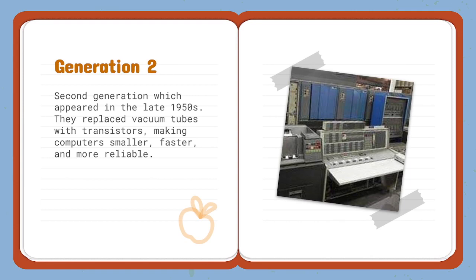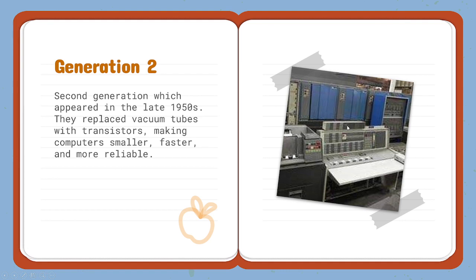The second generation appeared in the late 1950s, around 1959, I don't know, late 1950s. They replaced vacuum tubes with transistors, which is a step further because vacuum tubes are very big, making computers smaller, faster, and more reliable. You can see the computer is really small here.